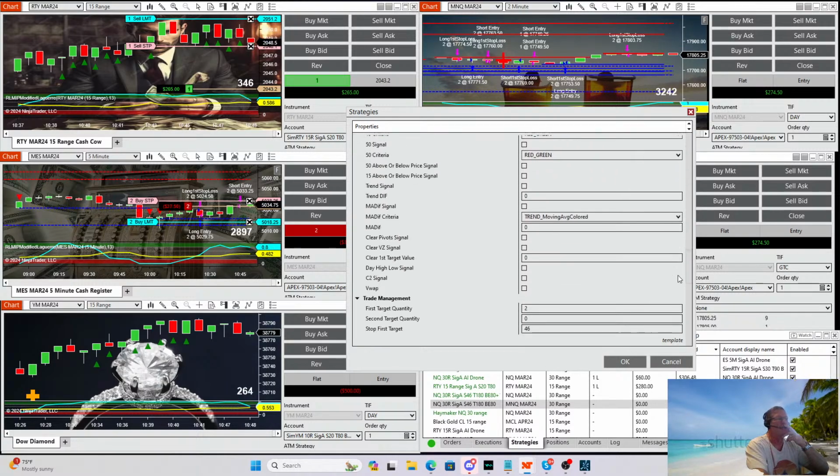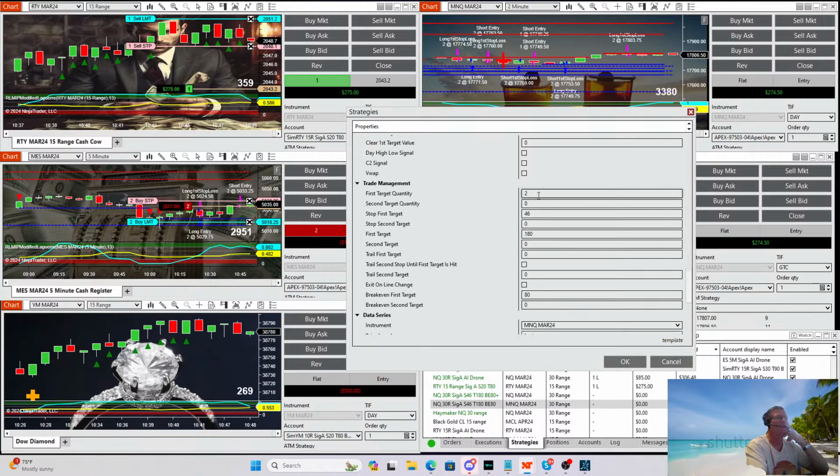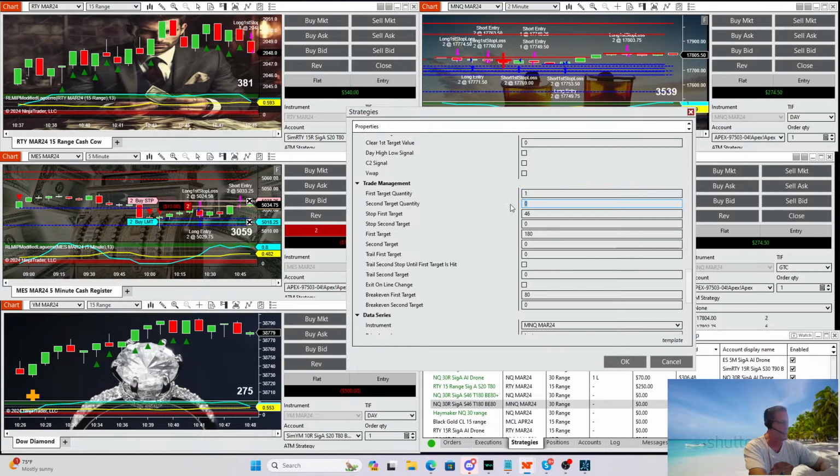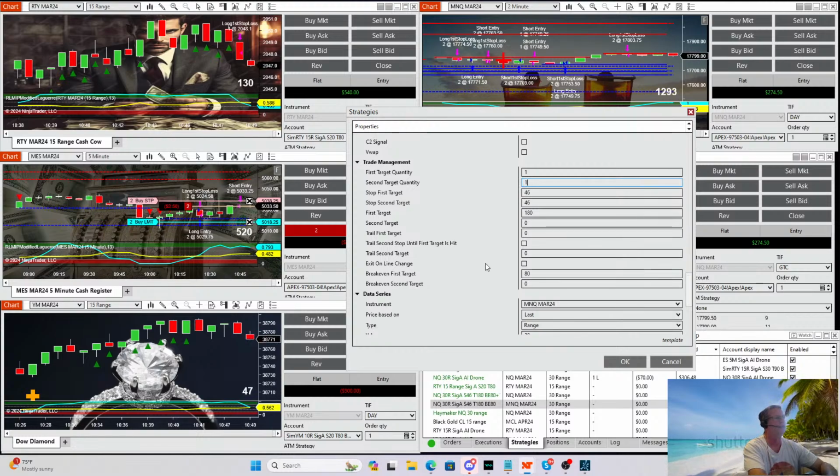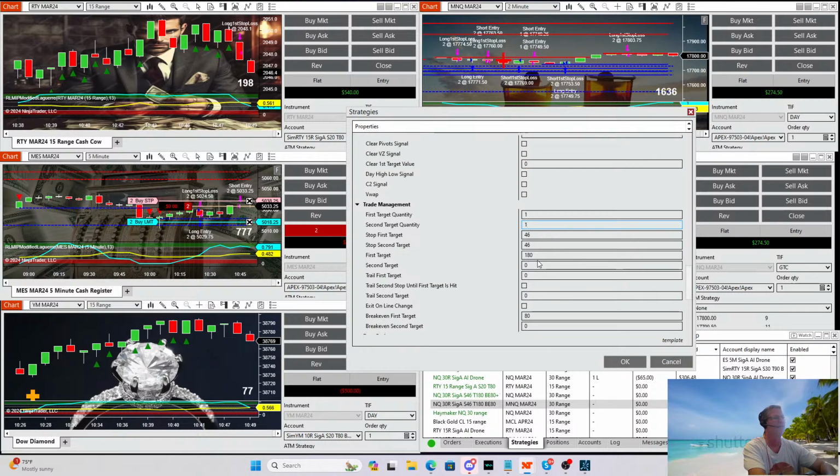We can change our ATM, and if we only want to trade two contracts on the micros, or whichever amount you want, we would put a second target and put a contract on our second target. The reason I want to do that is because it's going to bring into play this exit on line change.